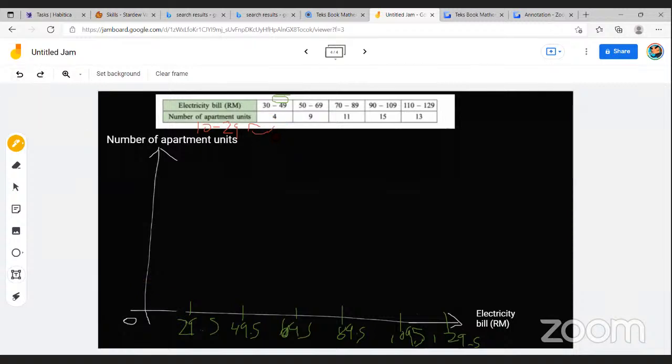We start from 4, then plus 9, you get 13, 24, 39, a weird number, and 52.